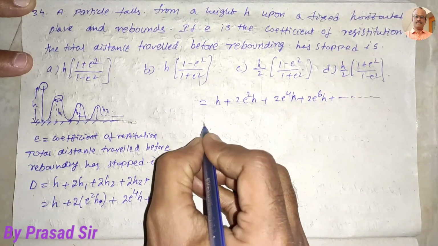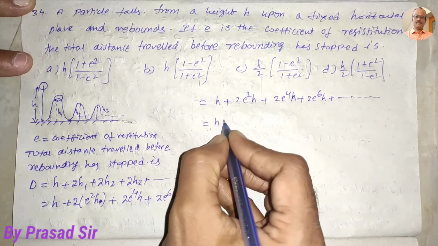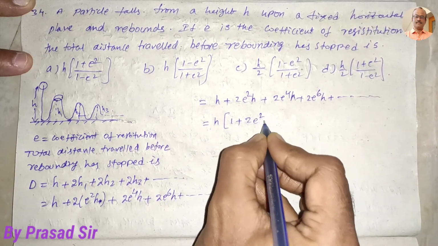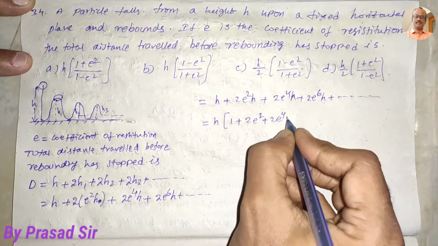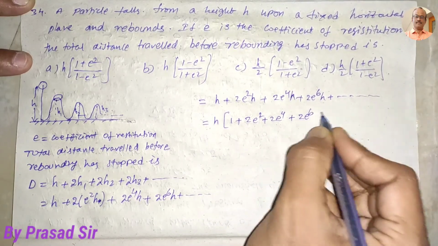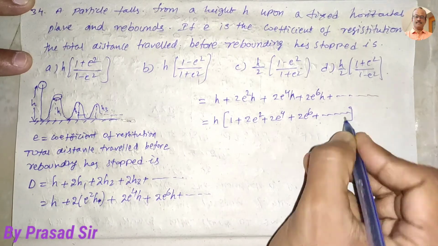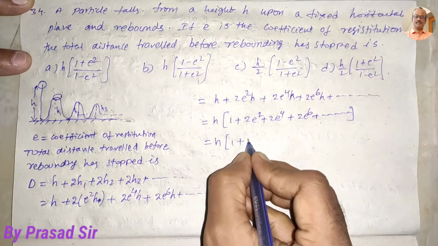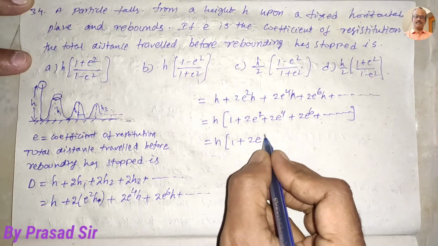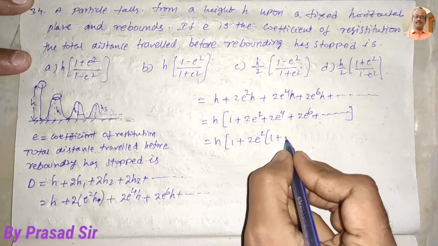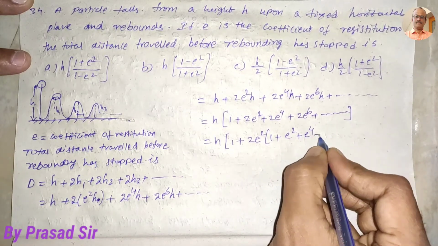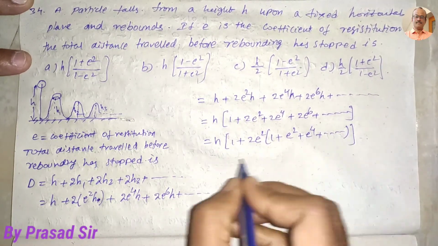So in this case h as common: 1 plus 2e square plus 2e to the power of 4 plus 2e to the power of 6 plus dash dash dash, like this. And here h as common, 1 plus 2e square common, 1 plus e square plus e to the power of 4 plus dash dash dash, like this.